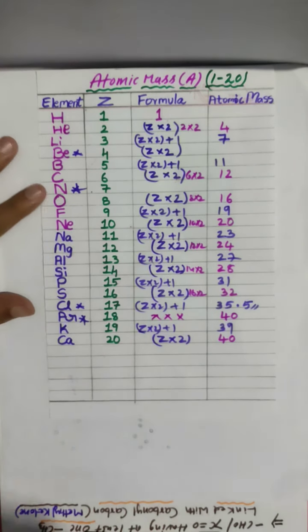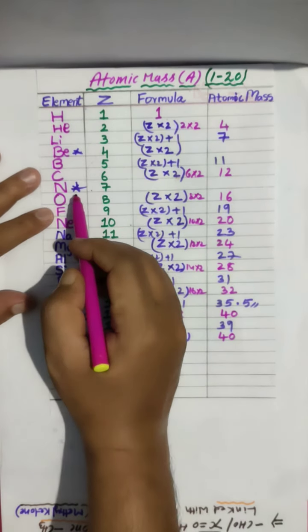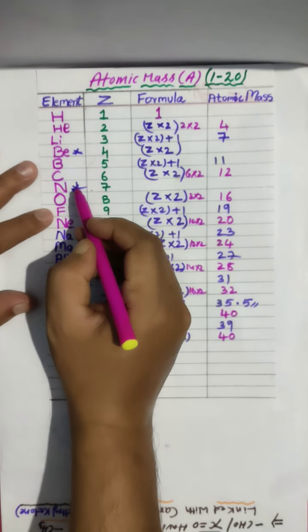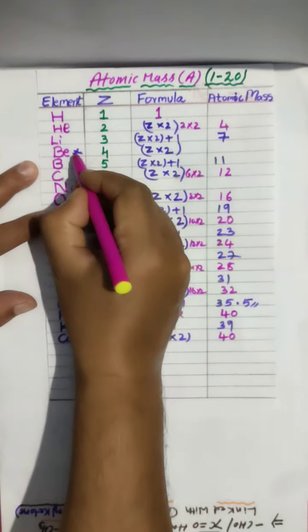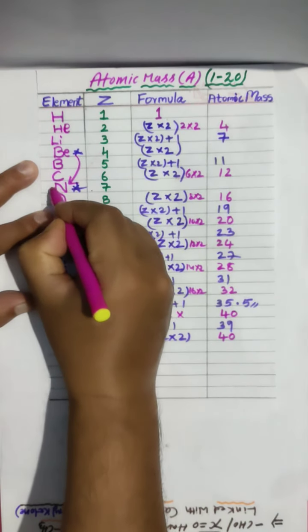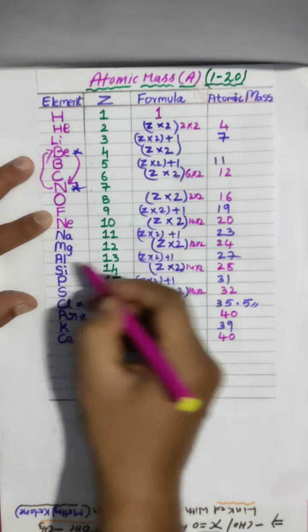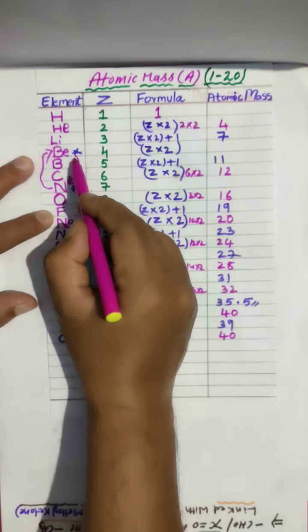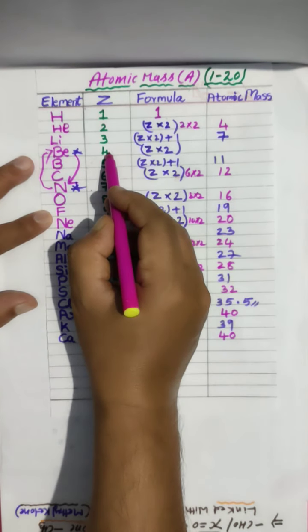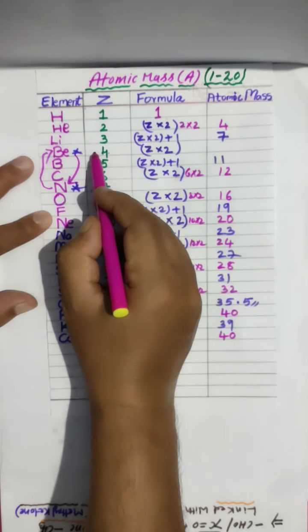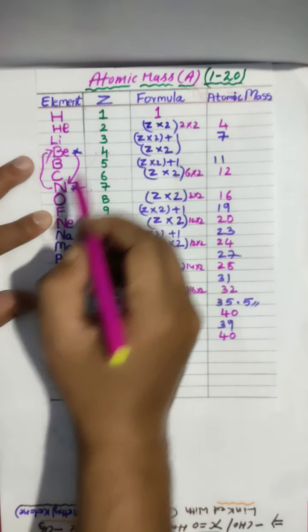Now we have two left, beryllium and nitrogen. The simple trick is to use the beryllium formula for nitrogen and the nitrogen formula for beryllium. Beryllium is an even number, so for this you use the odd number formula.